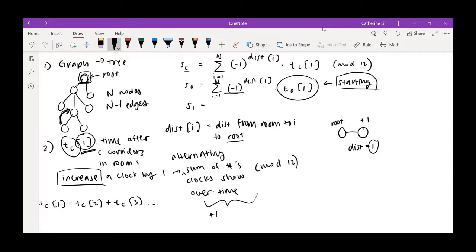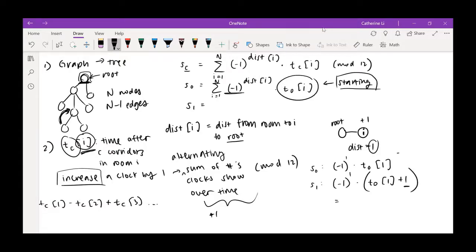If we say this is room i, then the term for this is going to be -1 to the 1 times T_0 of i in S_0. But in S_1, it's going to become -1 to the 1 times T_0 of i plus 1, because we're increasing it.